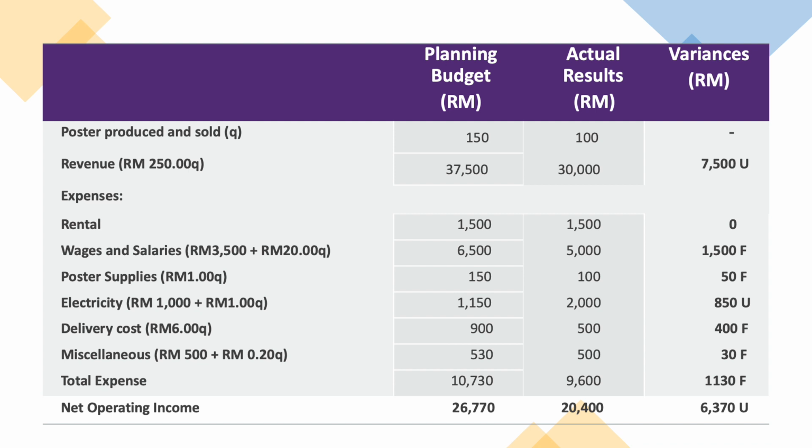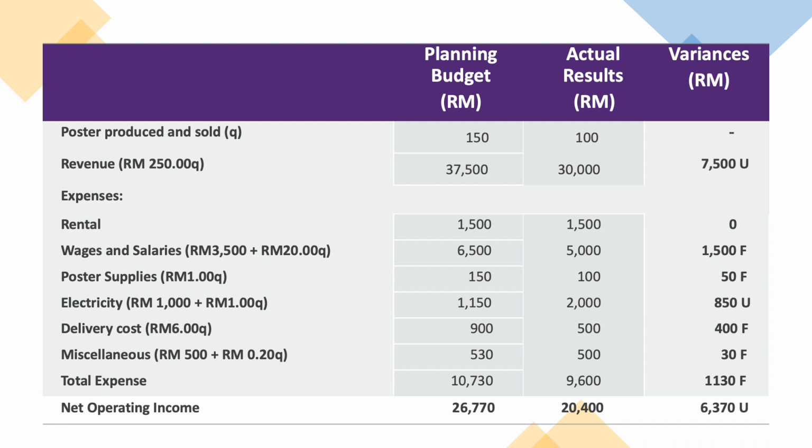How to do that? You need to look at the planning budget and actual results, 37,500 and 30,000. Since we are talking about revenue here, your budgeted revenue is 37,500, but in actual you only managed to collect 30,000. We call that unfavorable. But for the others, expenses, rental until miscellaneous expenses, you will need to see whether the actual is higher than the standard cost.